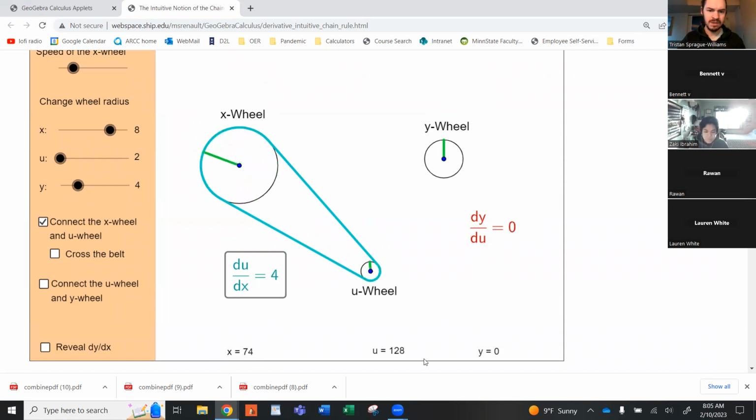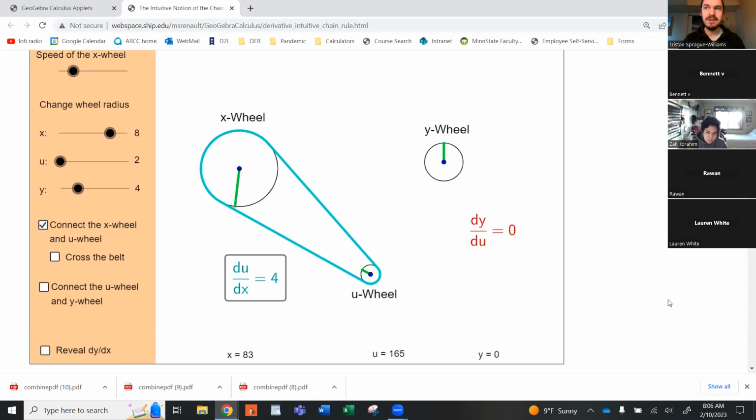You can really look at these numbers and see how fast this is moving. Pretty slow, like that. And then we see u is 1, 2, 3, 4. You could think about it almost musically, like a rhythm. This is a 4 to 1 ratio, right? So that is our representation of the derivative, the rate of change in u with respect to x.